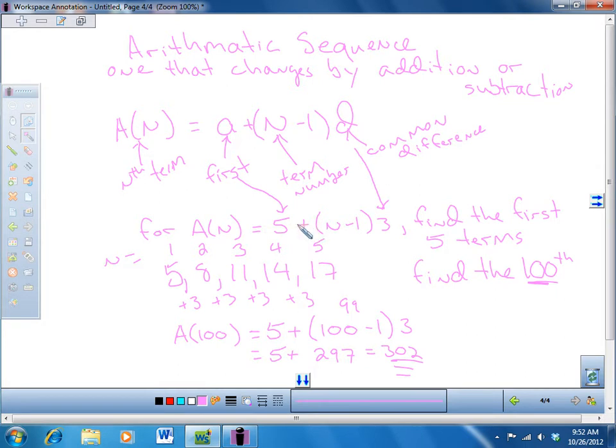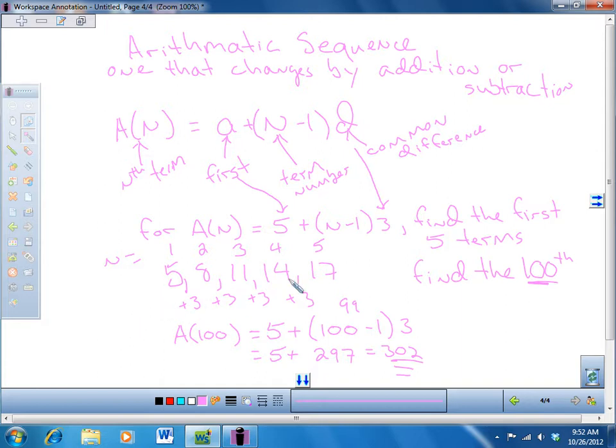What's 0 plus 5? 5. So the first term is 5. See the way that works? Okay, yes ma'am. How did you get the 297? 100 minus 1 is 99, and I multiply 99 times 3. Because parentheses means multiply.